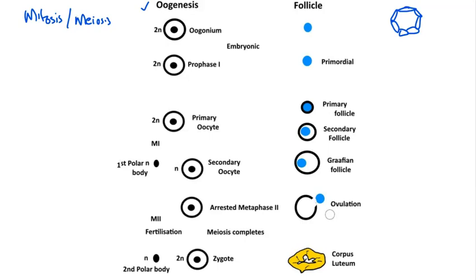And that's an interesting point, as the timeline is quite different to that of the males, as the process begins with mitosis of oogonium into primary oocytes, and they are held at prophase 1, and this all occurs during embryonic development.